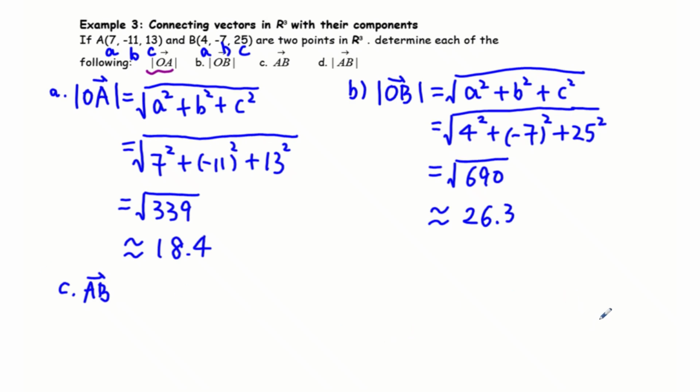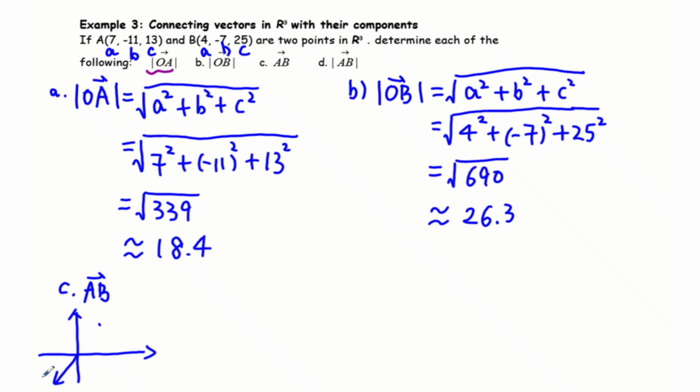So we are going to just sketch it and see what vector AB represents. It's three dimensions, but we just ignore the third dimension and randomly sketch it.